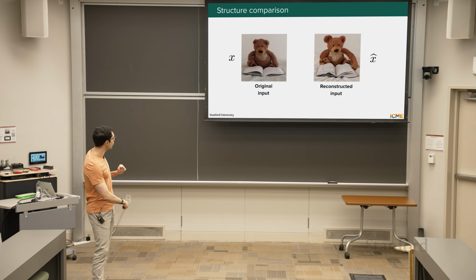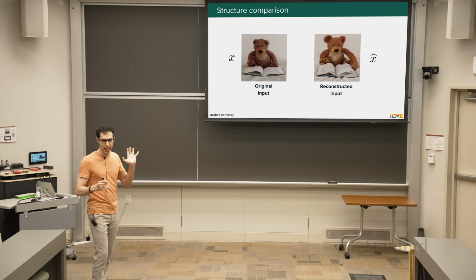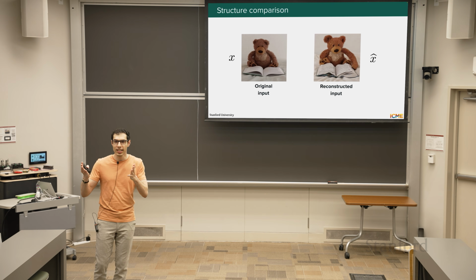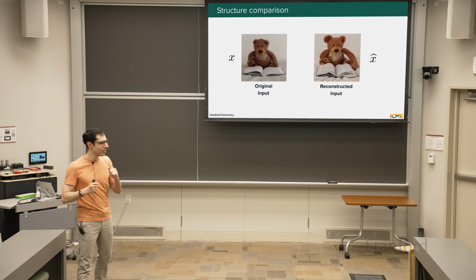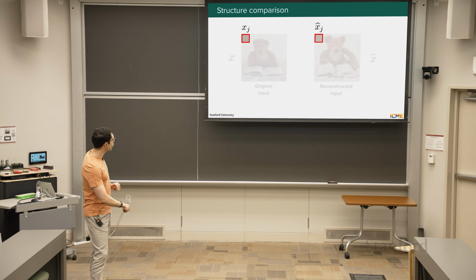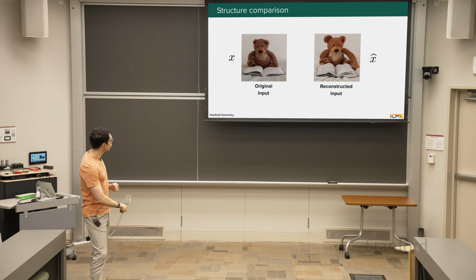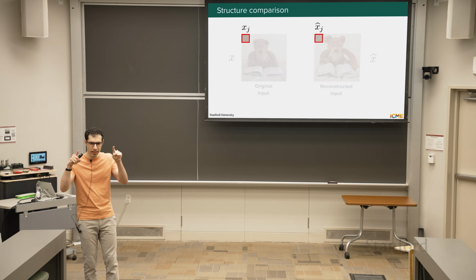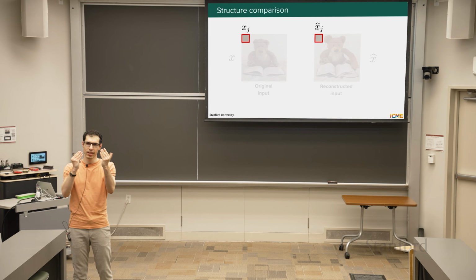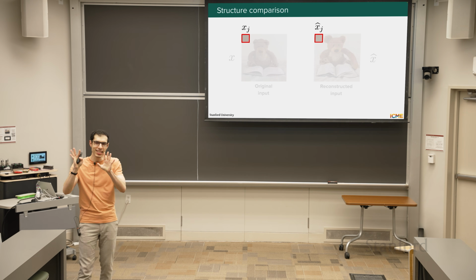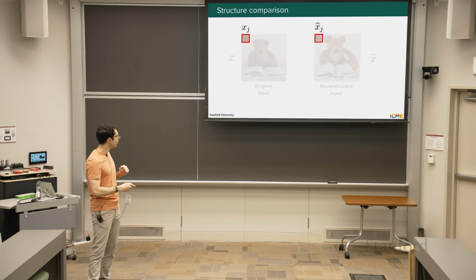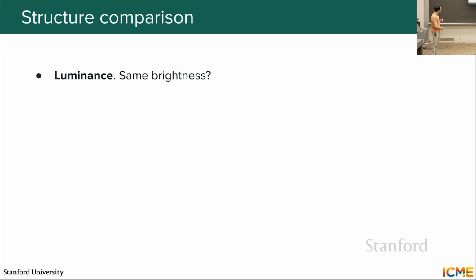Here, let's imagine we take the original input and then the generated output, which is trying to be that input. What we're trying to do is to see if, let's say, we take a given patch that is in the same location in both images, whether the two have the same overall structure.